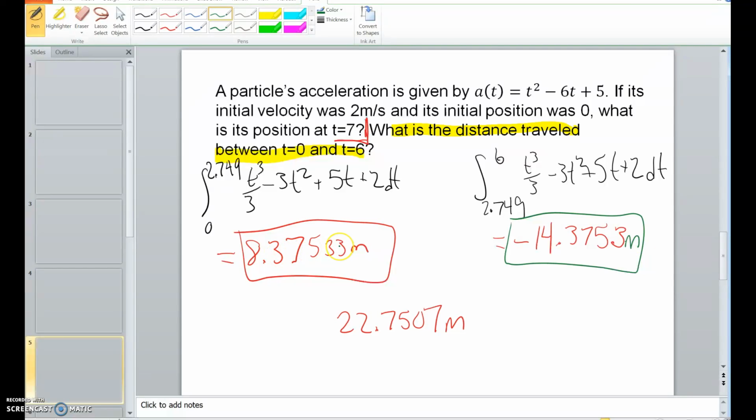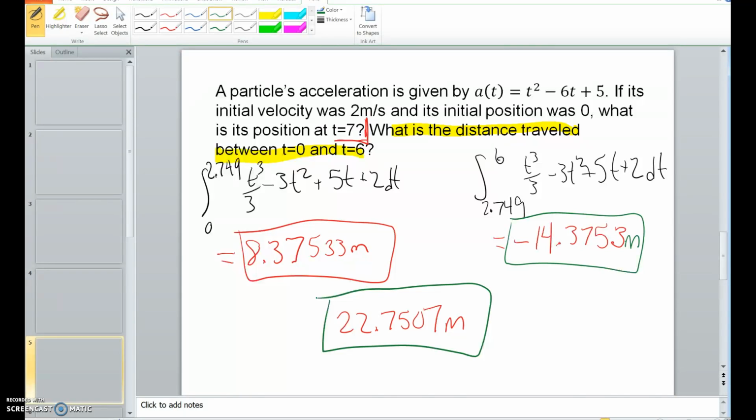So when you add those 2 numbers together, well, you need to make the negative one positive. When you do that and you add them together, you get that in total the particle traveled 22.7507 meters.